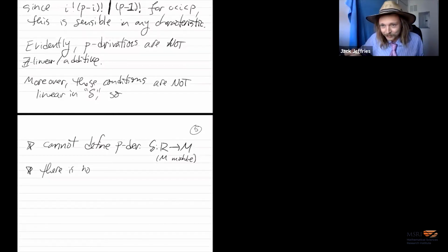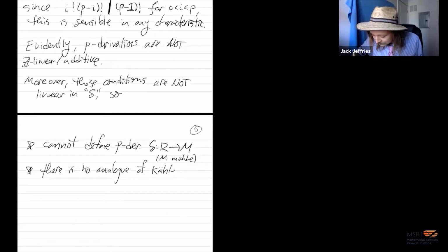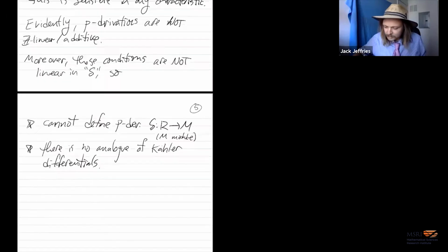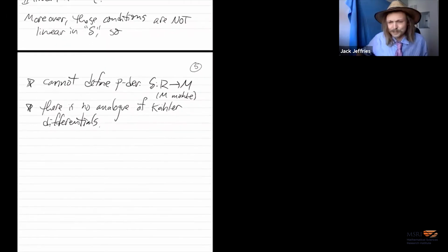And there is no analog of Euler differentials because there is no derivation functor from R-mod to represent. Okay, so already there are a couple of things that are fundamentally different about these types of equations.